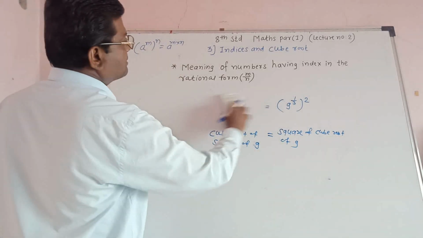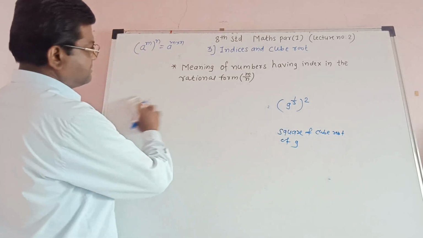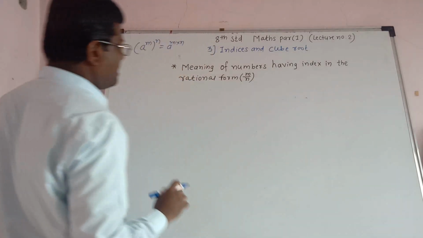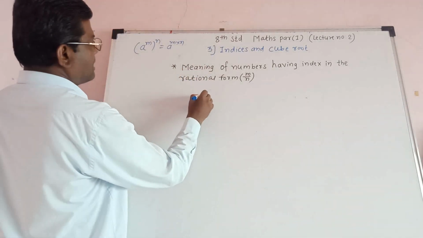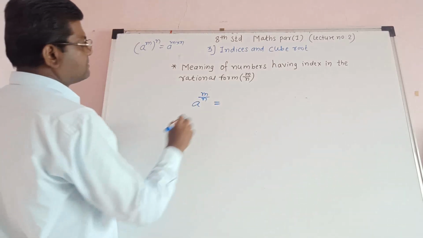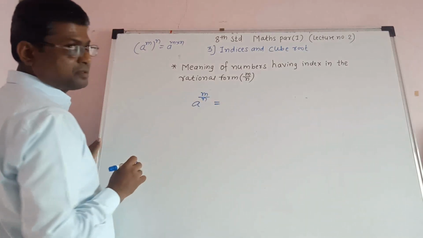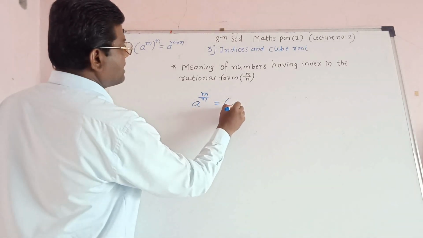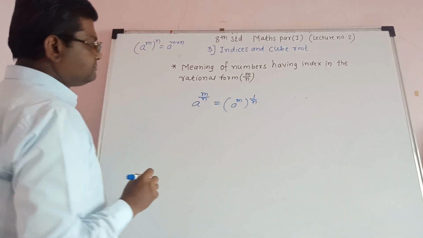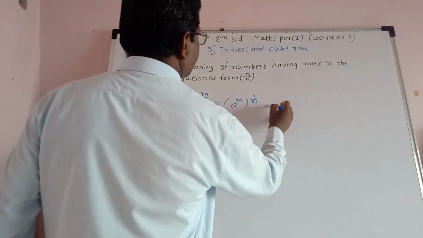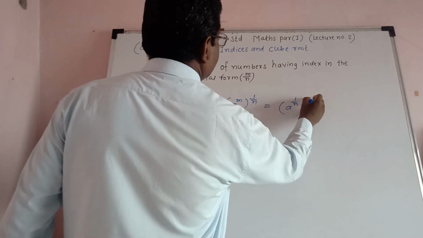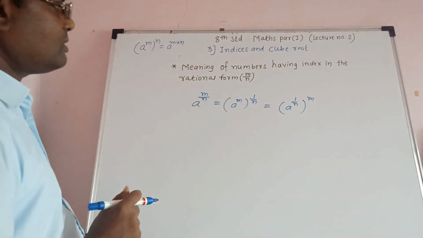Now in general we can write this as a raised to m upon n. What is the numerator? A raised to m, denominator 1 upon n. This can also be written as a raised to 1 upon n raised to m by interchanging the powers.